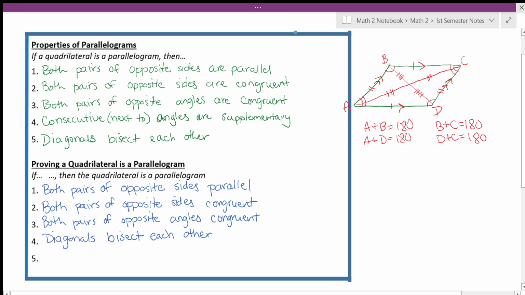And the last one is if we have a quadrilateral that has one pair of opposite sides that is congruent, one pair of opposite sides congruent and parallel.